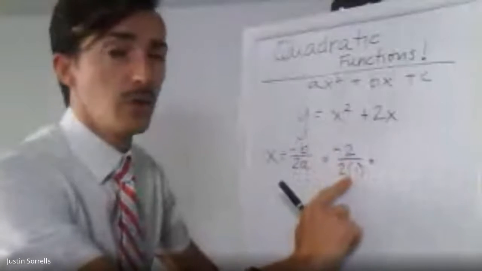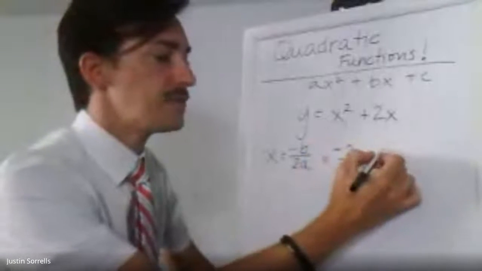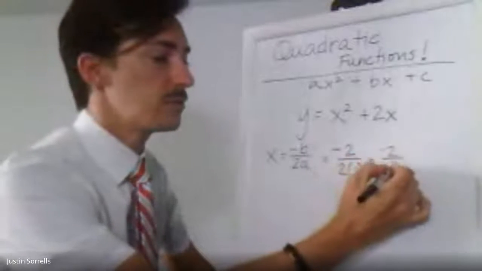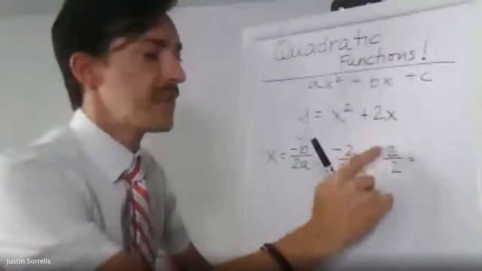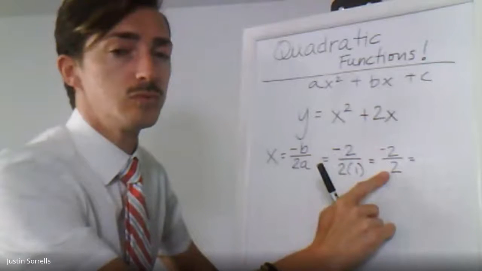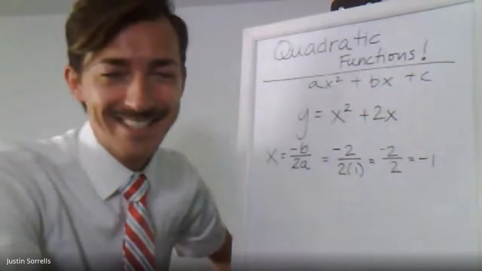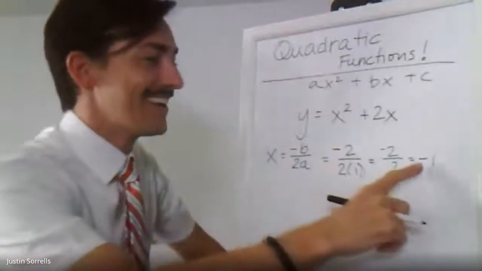So now we'll just evaluate. -2 divided by 2 times 1, which is 2. What is -2 divided by 2? -1, right? I almost got you. I almost got myself. Okay, -1.